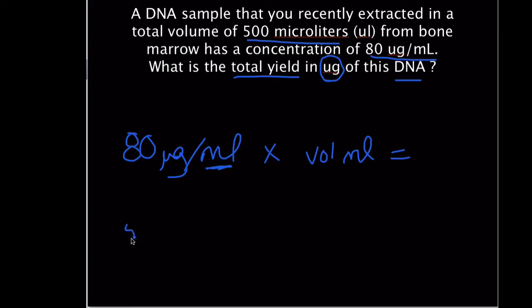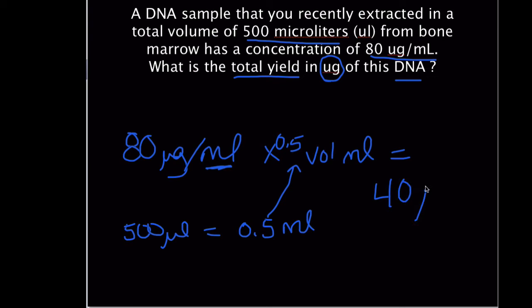So 500 microliters equals 0.5 mL. So that's what you need to put here, 0.5. If you take your calculator, you should do 80 times 0.5, and that will give you 40 micrograms as the answer to this question.